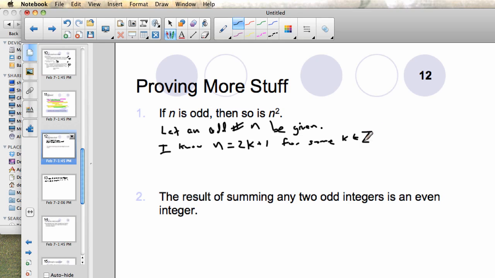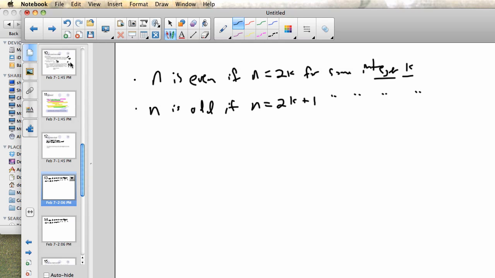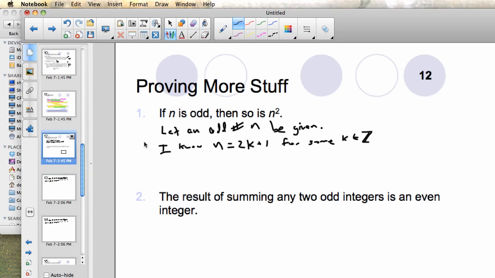So that's another way of saying the statement that I wrote before, when I said for some integer k, another way of saying that is for some k in the set of integers. This Z is the set of integers.